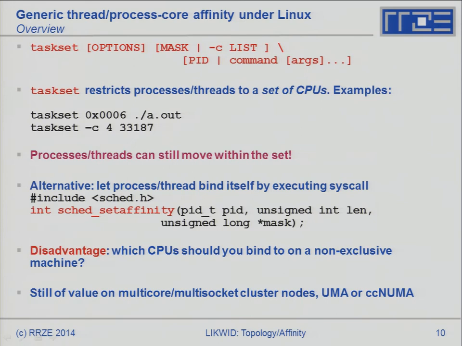Of course, you can do it the hard way and use an API. In Linux, this is called sched_setaffinity. You give it a process ID; if you say 0, it means myself, my process ID. You have a length and then a mask, and every bit set to 1 in this mask indicates that this thread can occupy this core. So if the mask has only 1 bit set, you restrict the thread to a specific core. That's how you do it on a program level.